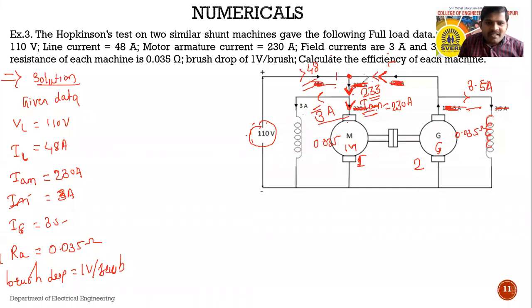So suppose I represent the output current of the generator as ILG. ILG equals IL of motor minus the current taken from the supply lines. IL of motor is 233, minus the current taken from the supply line, which is 48. What is the value?